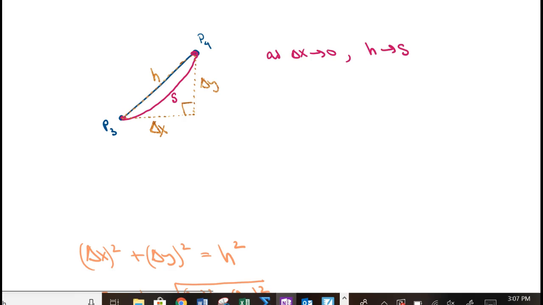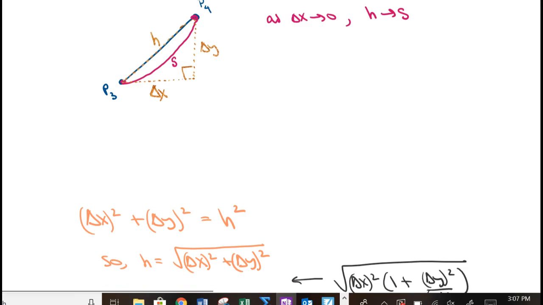Let's do this out. We know from the Pythagorean theorem that delta x squared plus delta y squared equals h squared. I'm going to solve this for h: h equals the square root of delta x squared plus delta y squared.